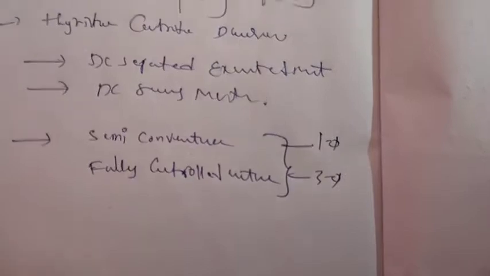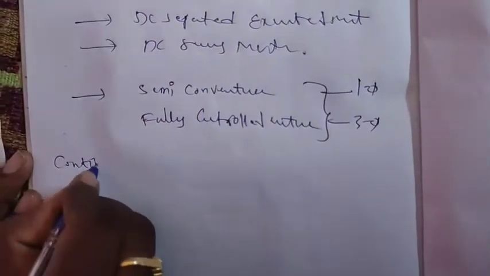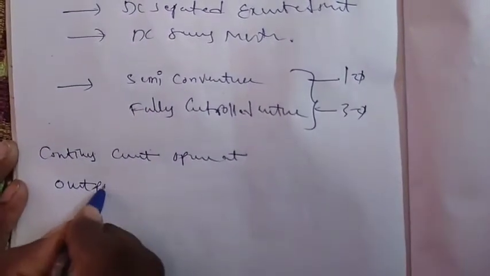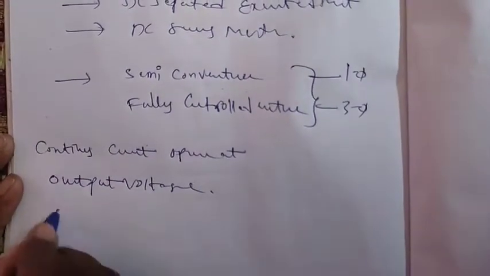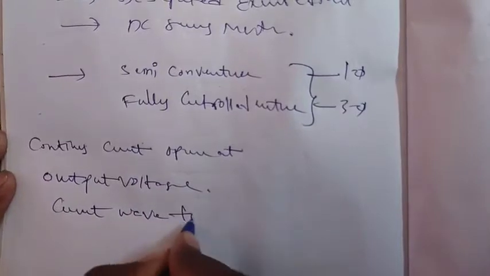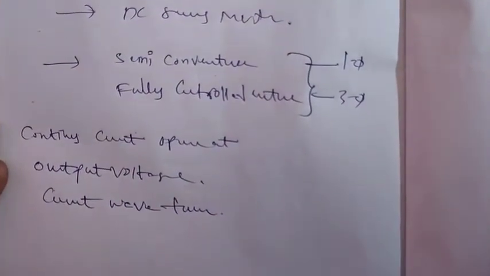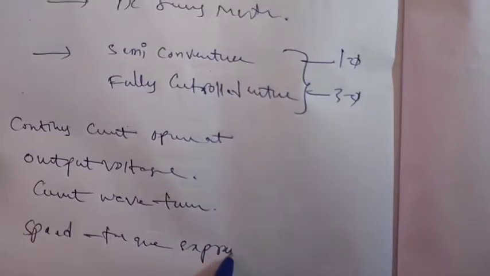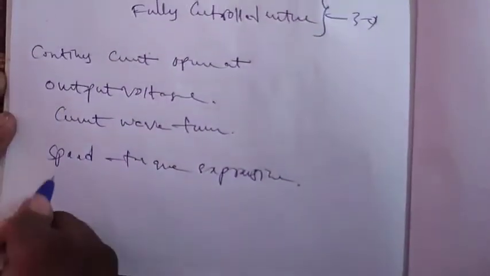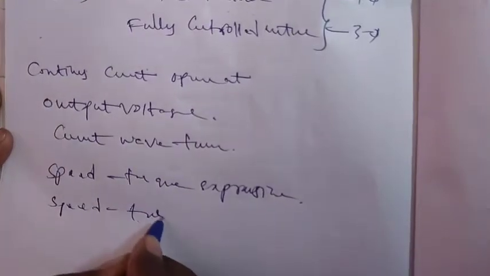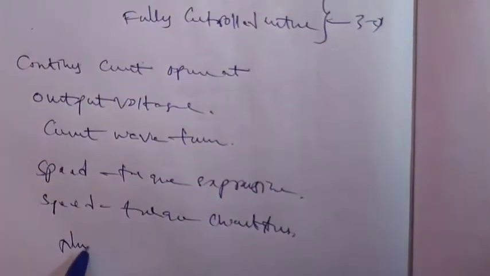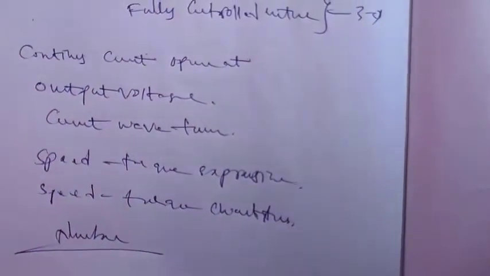In this operation we have studied continuous current operation, output voltage and the current waveform, speed torque expressions, and speed torque characteristics, and some numerical problems we discussed during this first unit.